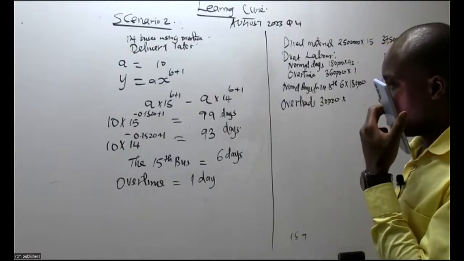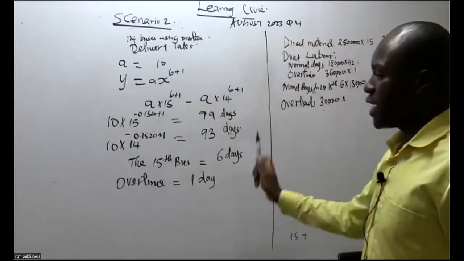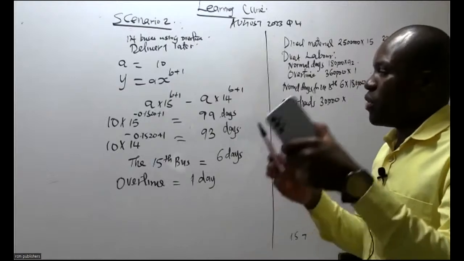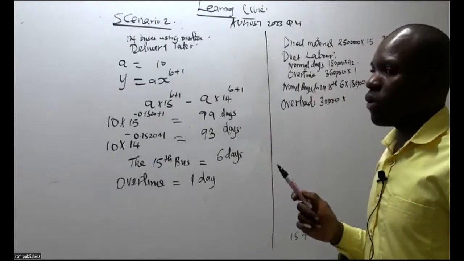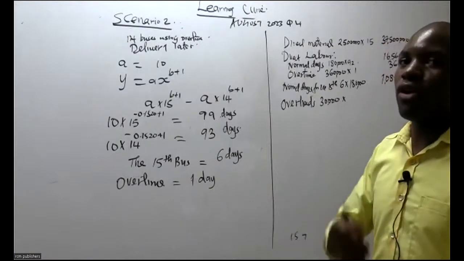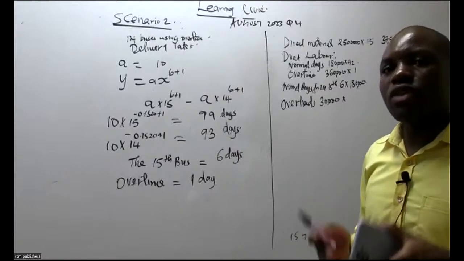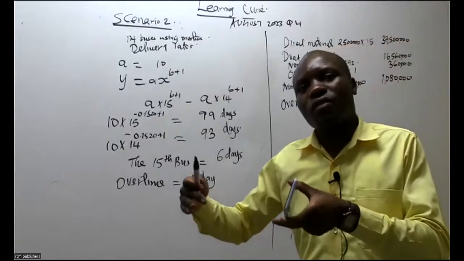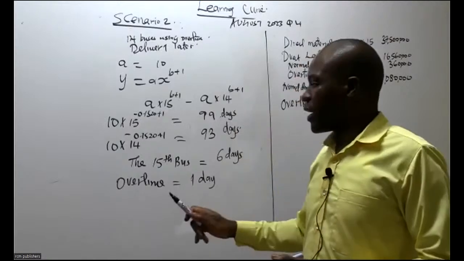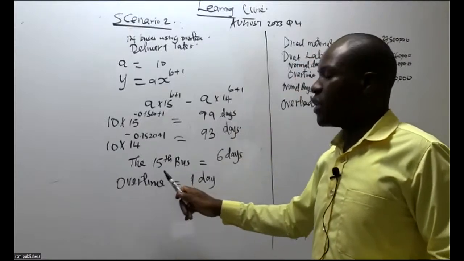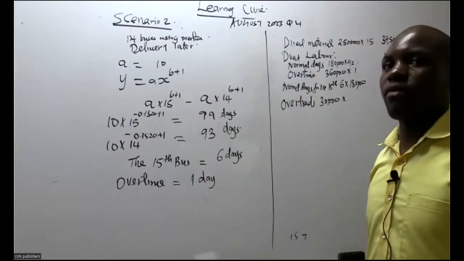But this person has said, the first 14 buses, I will work overtime and deliver them within that particular time. But the extra bus, I cannot work within the deadline. So I will work beyond the deadline. But my employees will be working during their normal working hours of the day. So the 15th bus will be produced within the normal working hours.